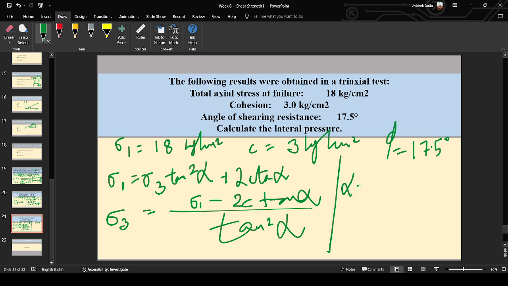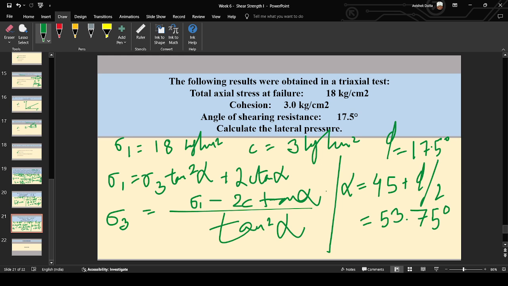What is α? α equals 45 plus φ by 2. I think you'll get a value of approximately 53.75 degrees.